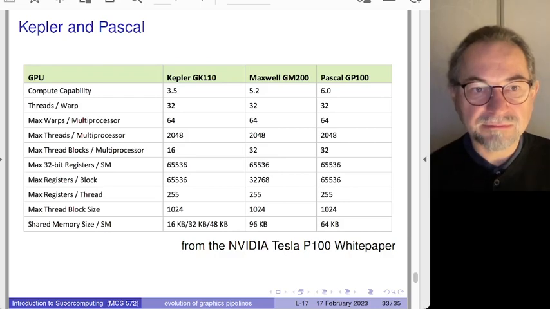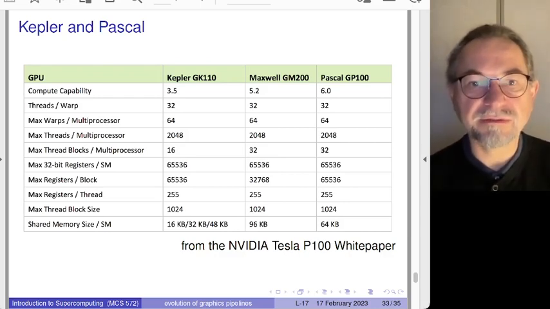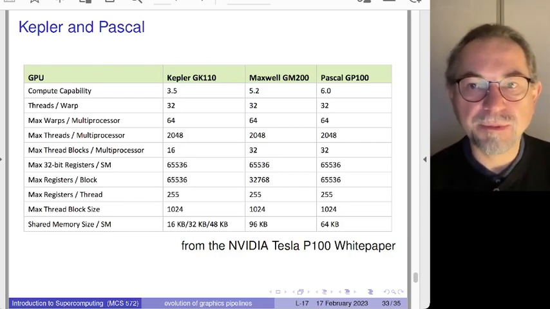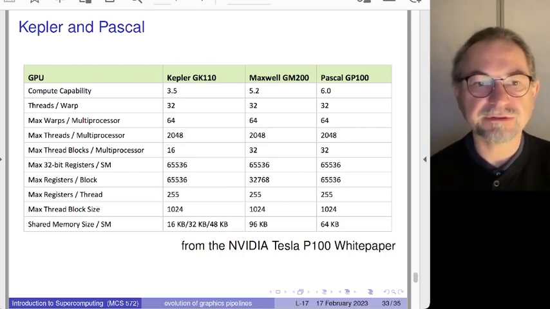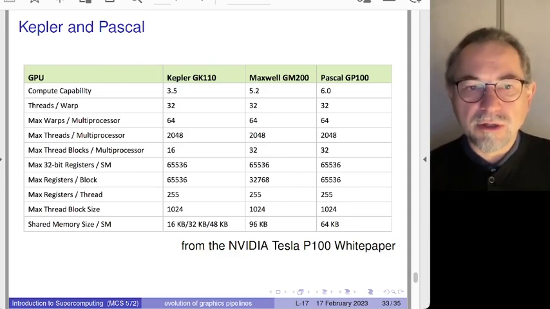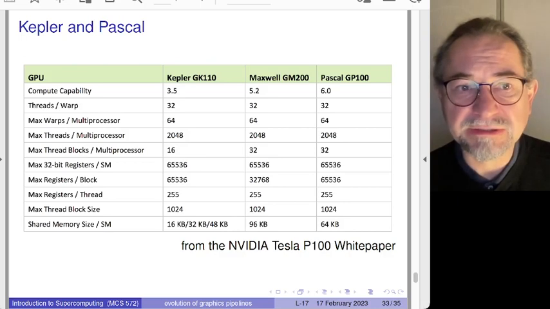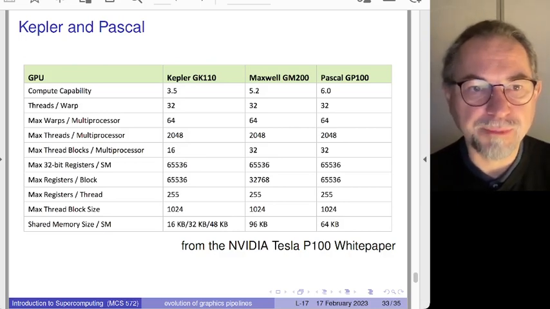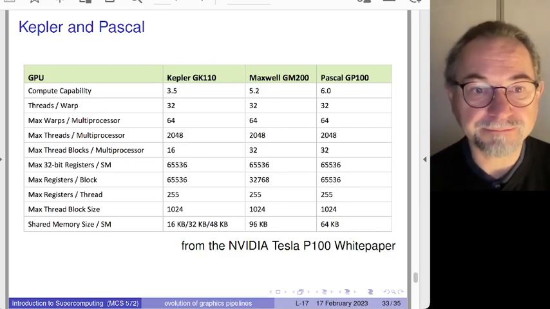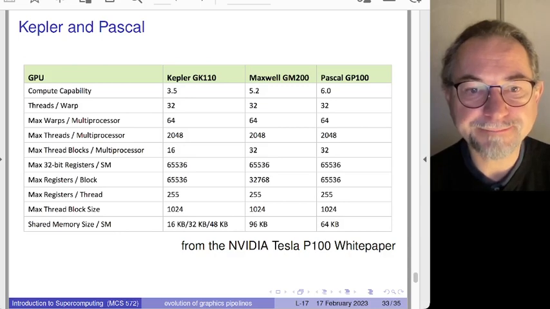That warp size is the minimum unit of instructions, so you should think in groups of 32. Although with compute capability 6, atomic operations were supported by the hardware.